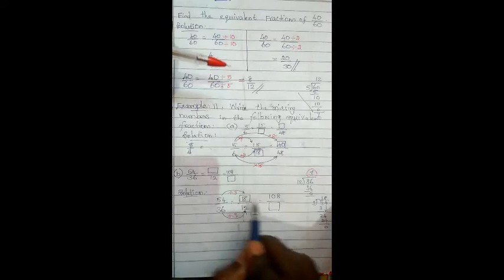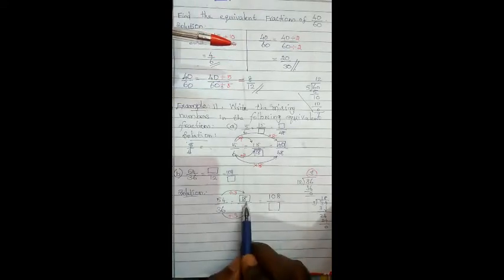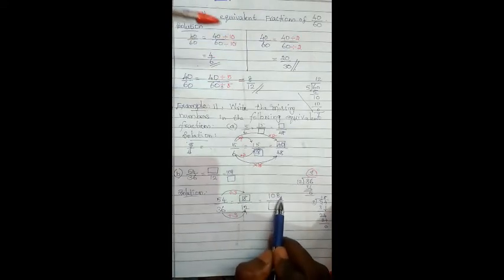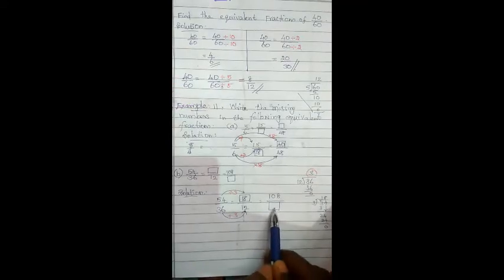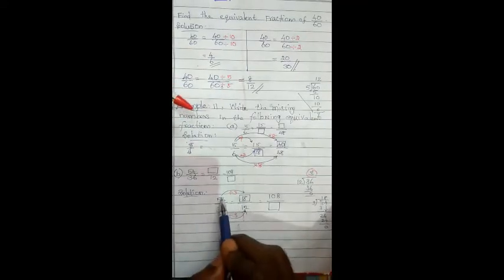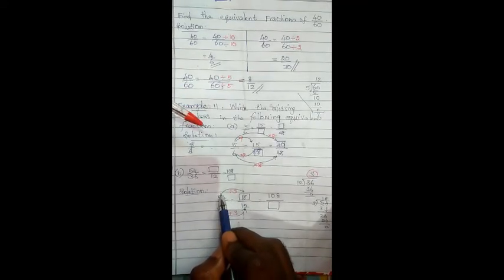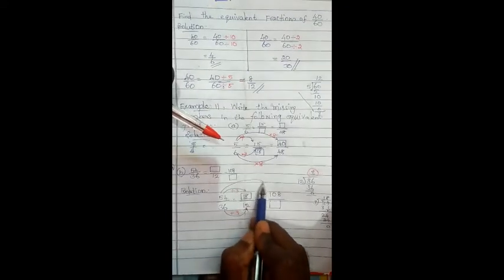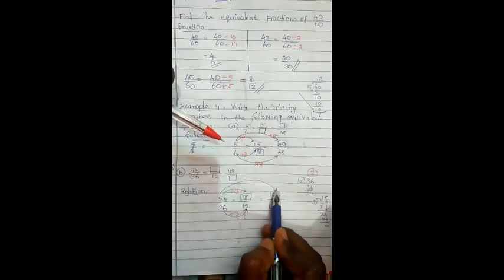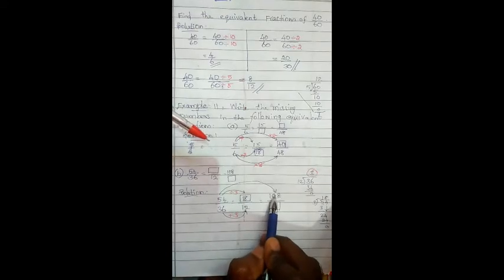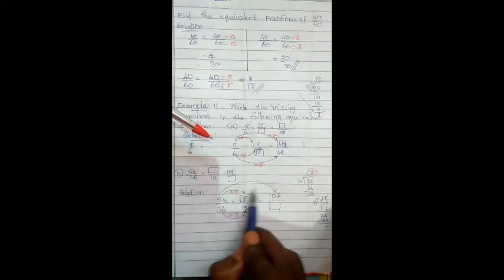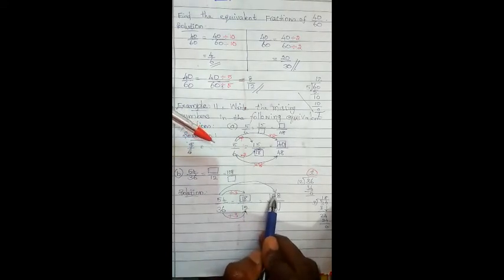Now, the third box, 108 in the numerator, nothing in the denominator. See, we have 54. From 54, we reached 108. Is it a big number or small number? More than 54, right?